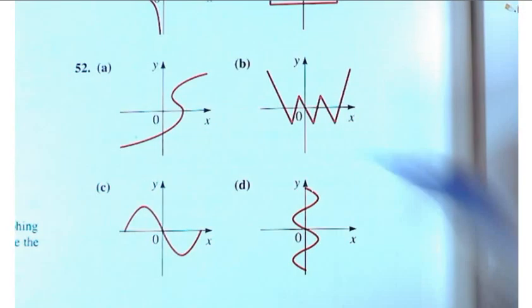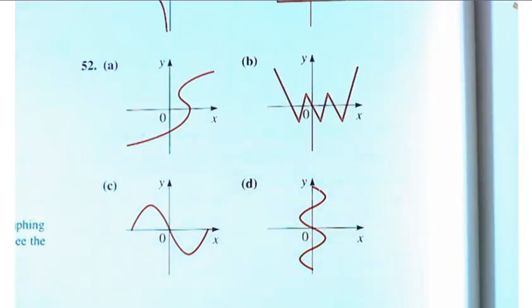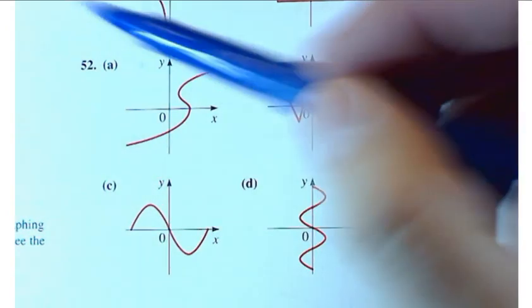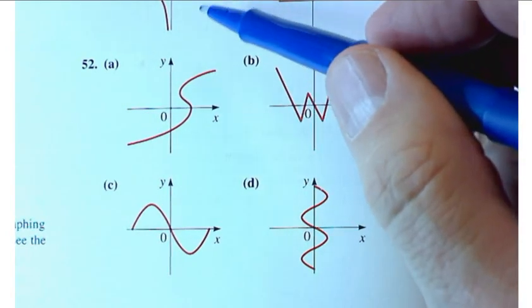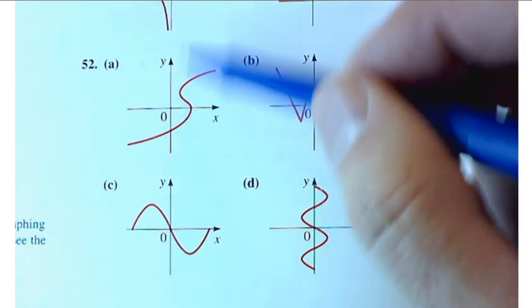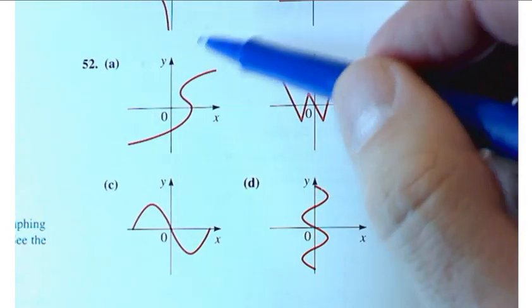So how about this first one, Carol? Does that pass the vertical line test? A vertical line would intersect that graph more than once, right? And if it intersects it more than once, it's not a function.